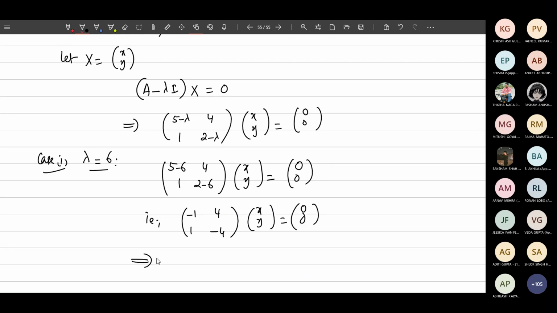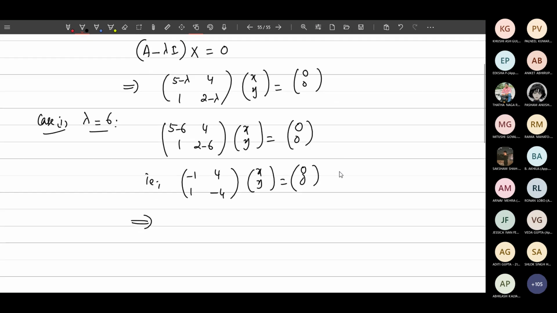What equations are you getting here? Minus x plus 4y equal to 0, x minus 4y equal to 0. Both are one and the same. If you multiply the first equation by minus 1, you get the second equation. So you have only a single equation, minus x plus 4y equal to 0.